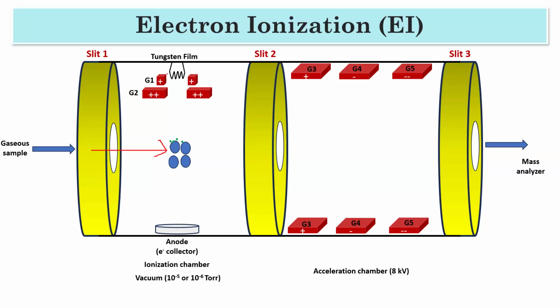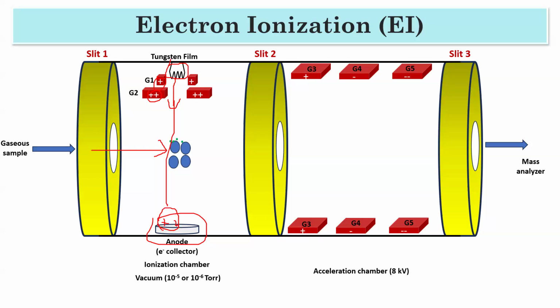Because you have a tungsten filament, as we talked yesterday, you are heating this tungsten filament, so some electrons will be released, and because of the difference in potential, these electrons will move in a horizontal direction. The anode is going to collect these electrons because it is positively charged.